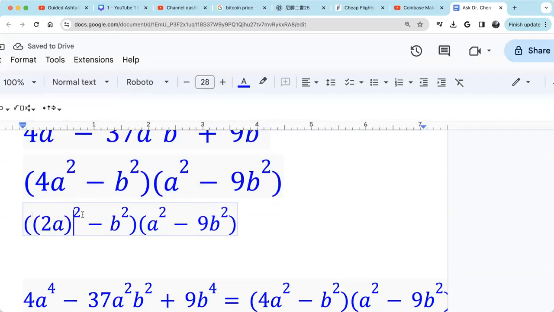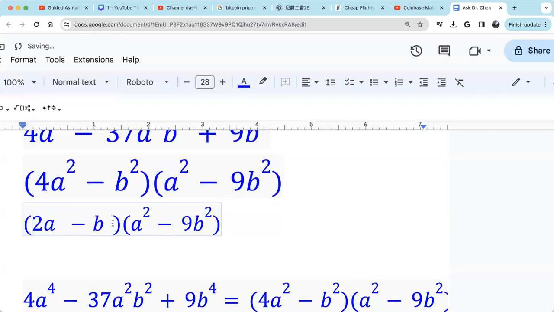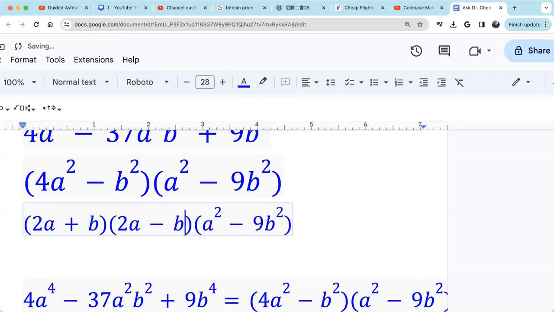So we have 2a squared minus b squared, and this can be factored as 2a plus b times 2a minus b, two conjugates. Difference of two squares.